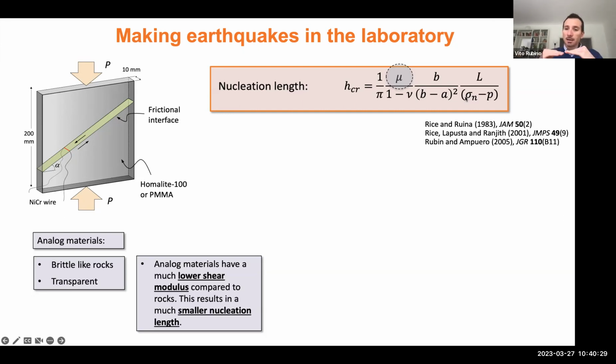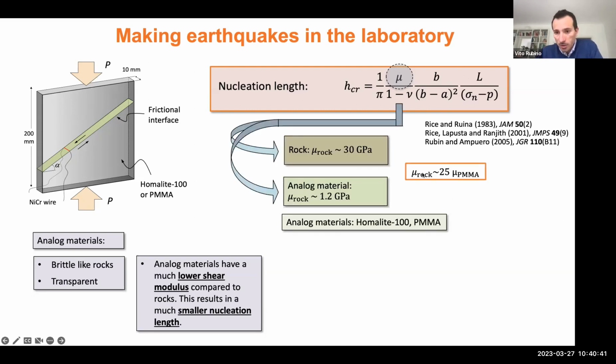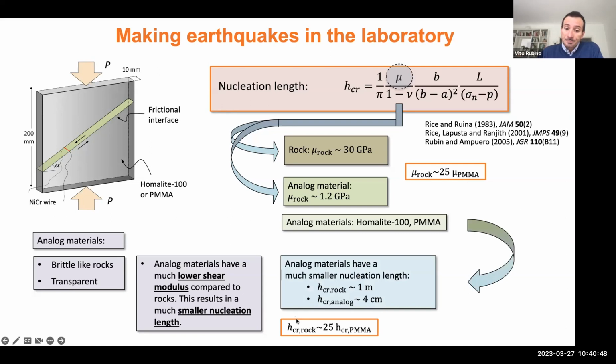So once you set the interface parameters and the level of normal stress, it depends on the shear modulus of the material. And it turns out that for rocks, the shear modulus is 25 times larger than for typical analog material, such as PMMA. And therefore, the nucleation length scale is 25 times larger. And this is the reason why we prefer to have analog materials, so that we can have small specimens.